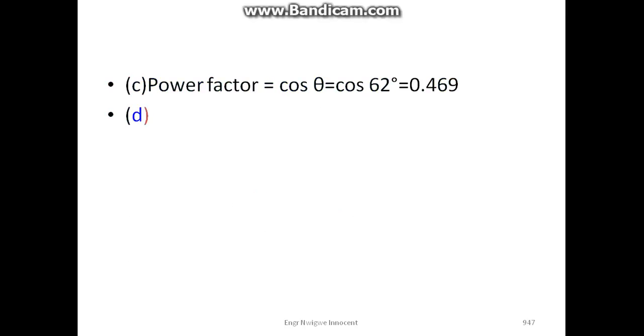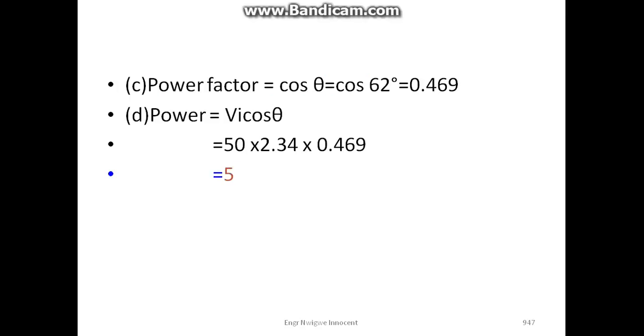Question C, power factor is equal to cos theta, which is equal to cos 62 degrees, which will give us 0.469. D, power is equal to VI cos theta, which is equal to 50 times 2.34 times 0.469, which will give us 54.87 watts.